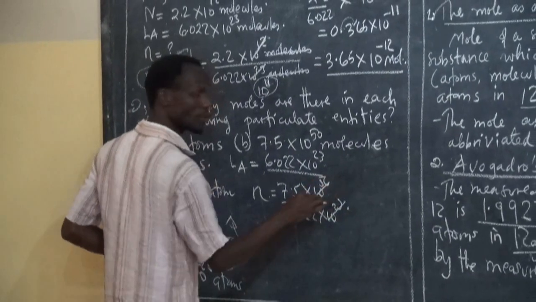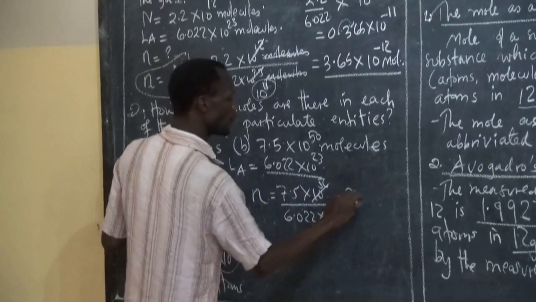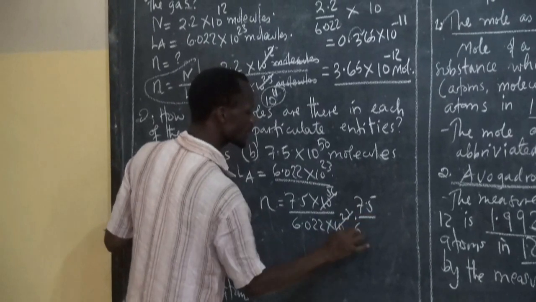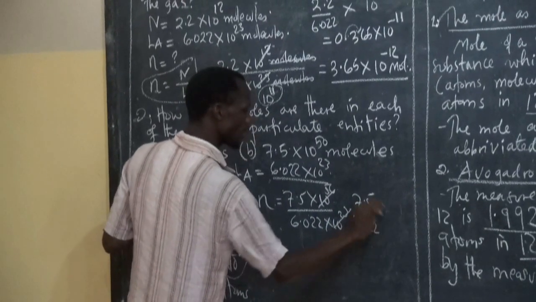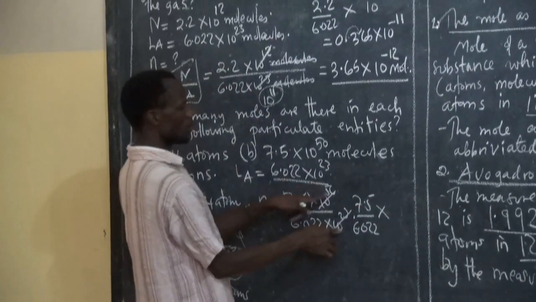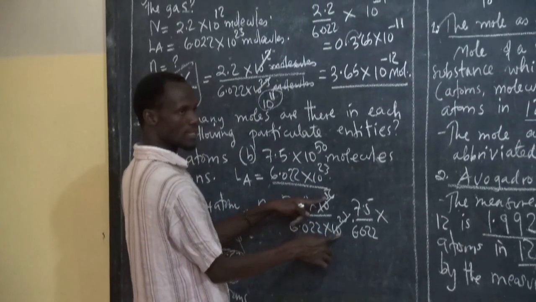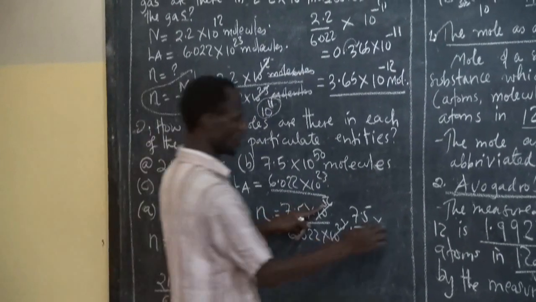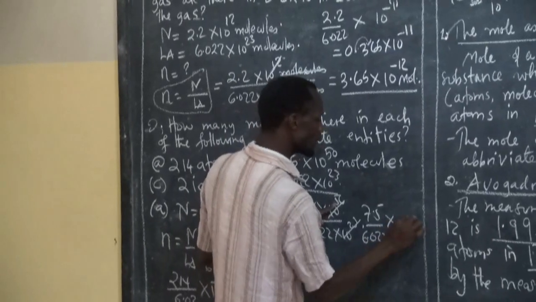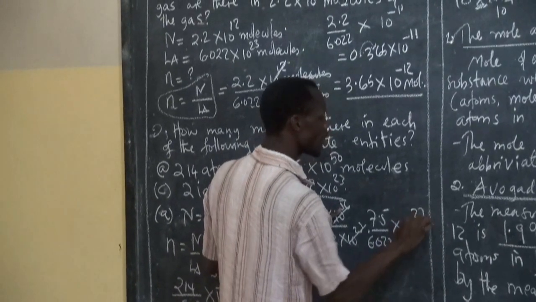Mathematically, this comes out. Then you remain with 7.5 over 6.022 times 10 power, 23 minus 15 we remain with 8, so 10 power 8.